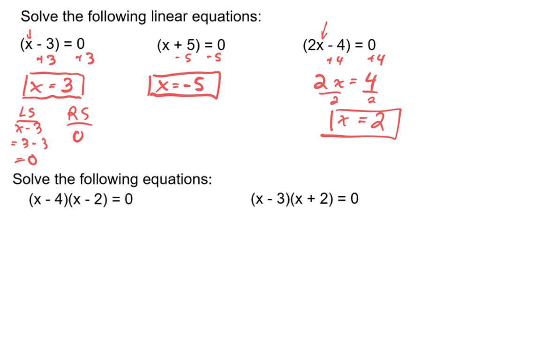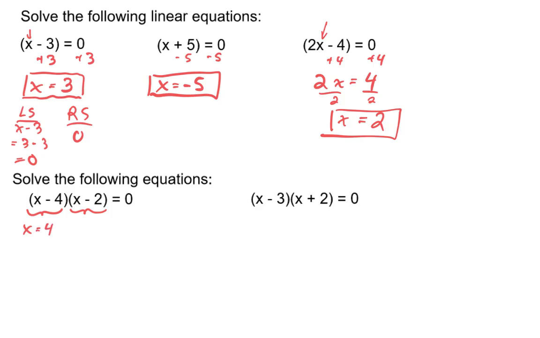We can think of solving this by solving this little part here separately from this little part here. When we look at the first part, x minus 4 is equal to 0, I think it's not too much of a stretch to say, looking at what we did up above, that our solution might be x equals 4.